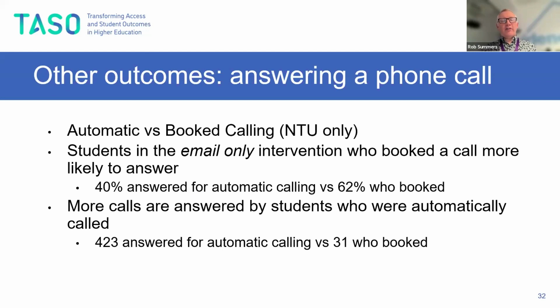And while we find that students who booked a call were more likely to answer the call, so 62% of students who booked a call answered the phone, as opposed to 40% of students who received the automatic phone call, far more calls are answered overall by students who are automatically called, because only 50 students booked a call. So if you want to get in touch with students, it's a default call. You don't want to give them the option only of booking. You want to call them.